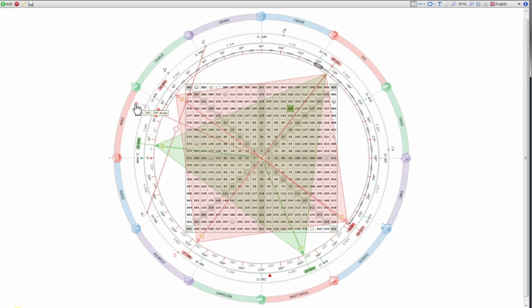As you can see, this is the sun, and it was in Aries, 24 degrees. And you've got Jupiter here, Mercury, Venus, Mars, Saturn, and the moon right here.